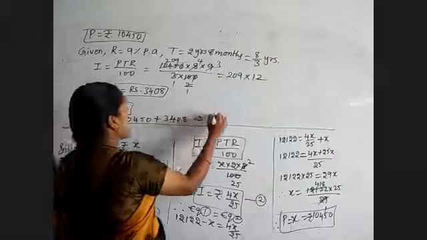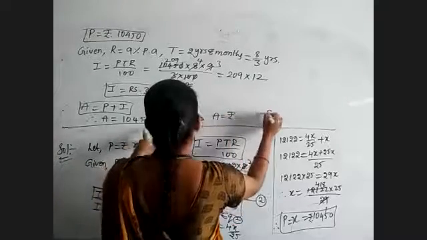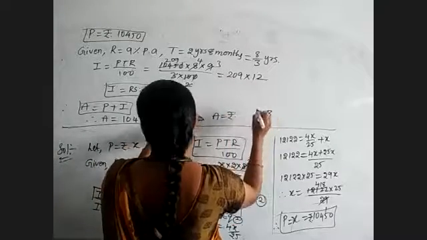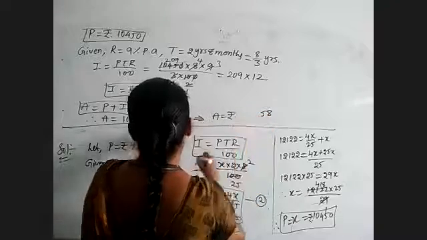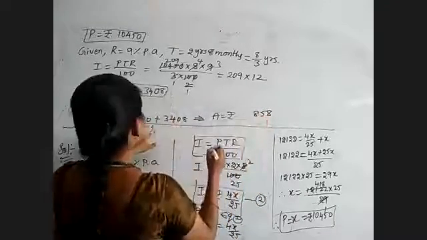So from this the amount will be equal to 8, 5, 8 and 13.